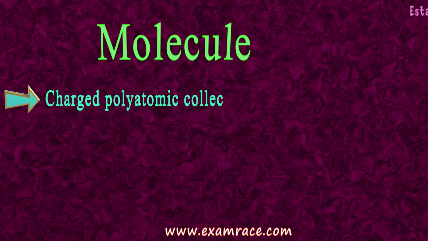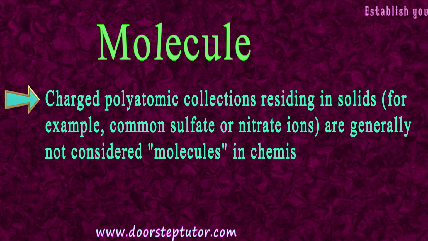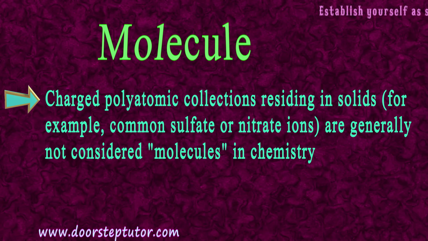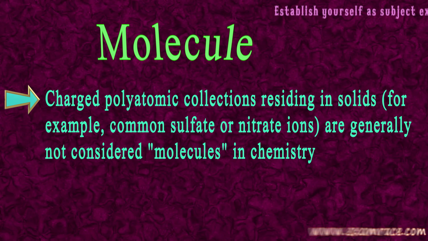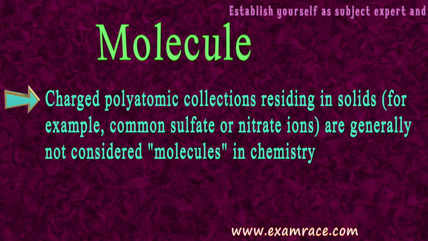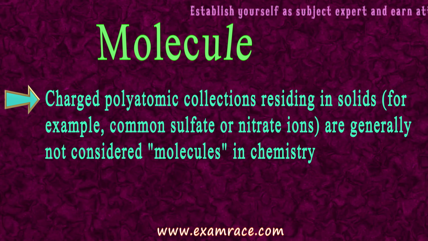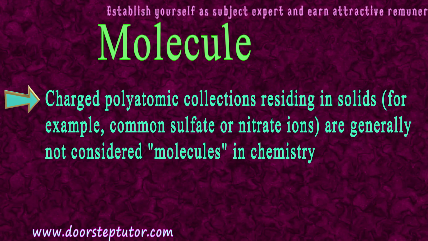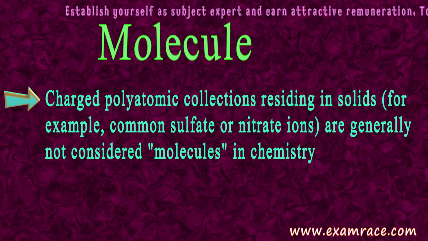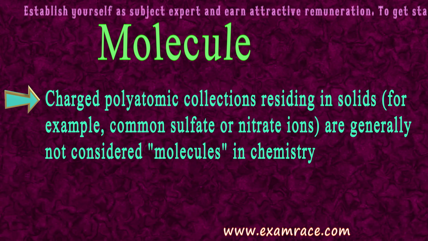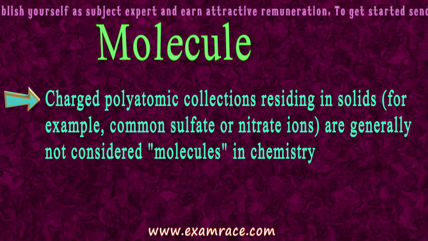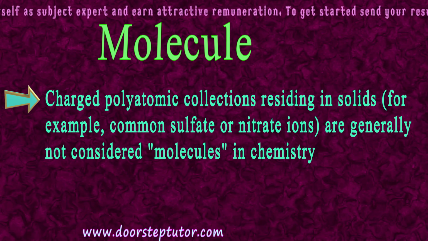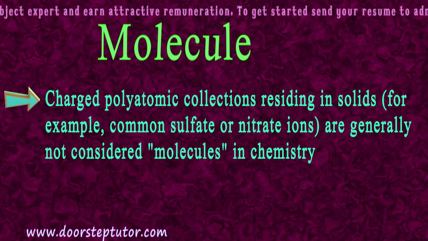So, the charged polyatomic collections residing in solids, for example, common sulfate or nitrate ions, are generally not considered molecules in chemistry. These are not called molecules because they are polyatomic ions.